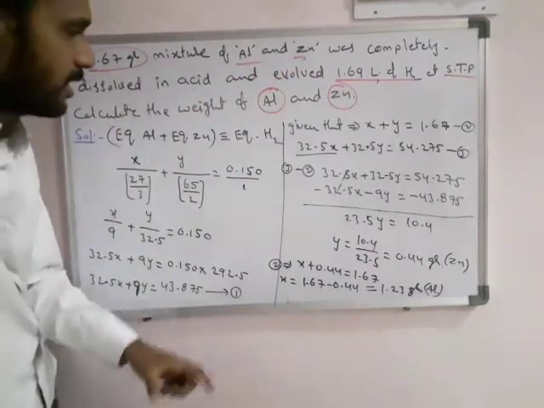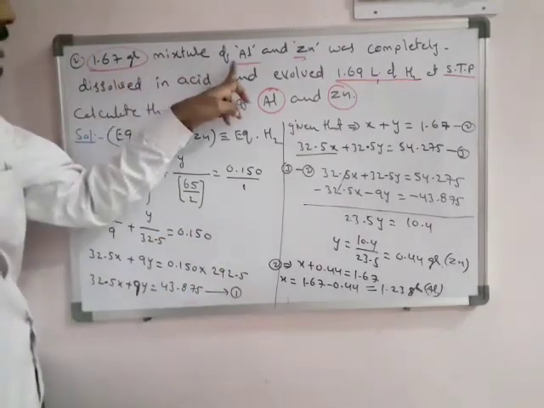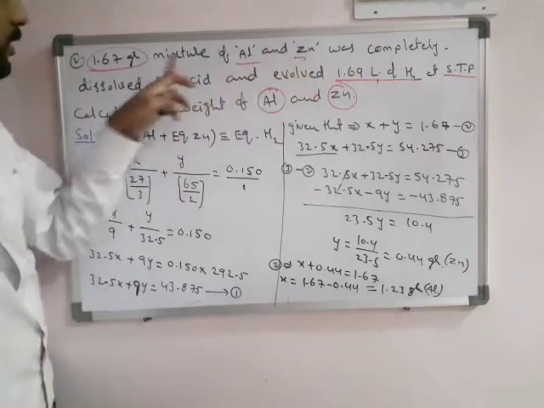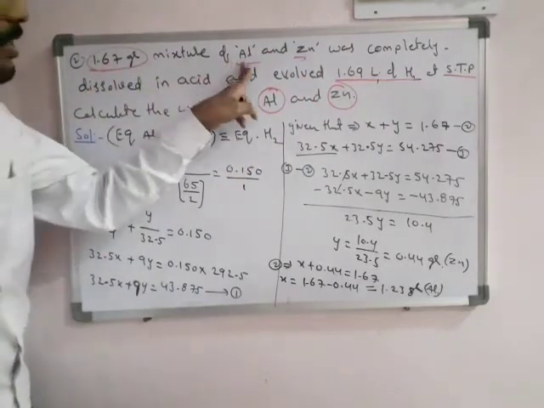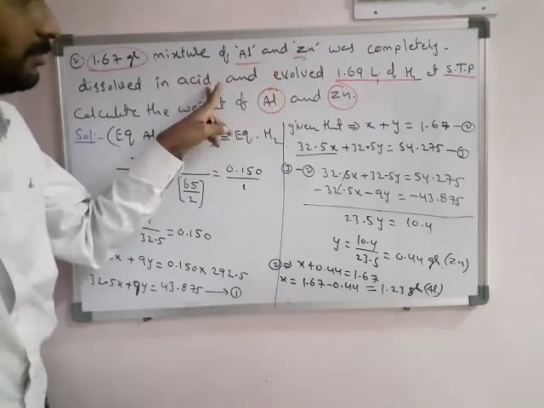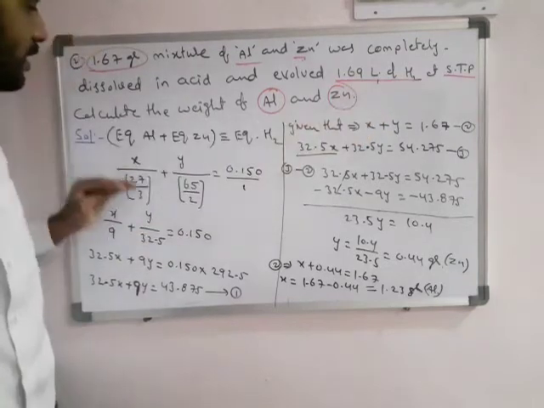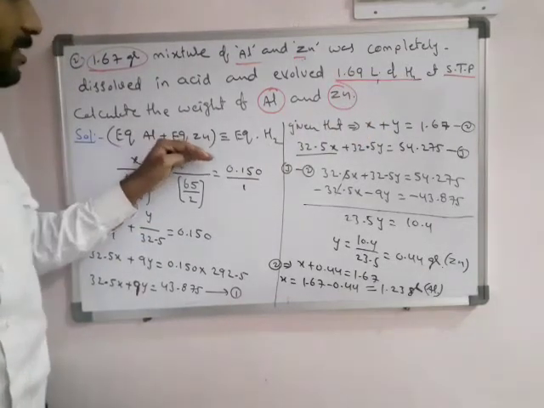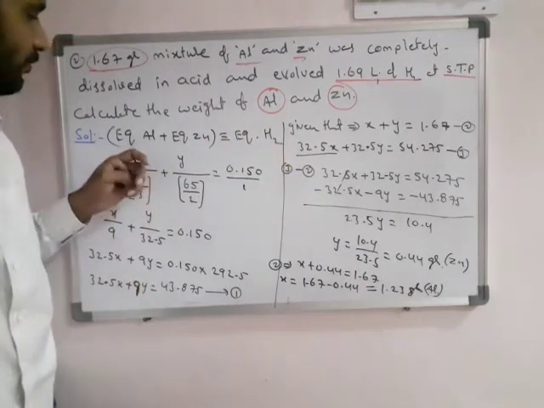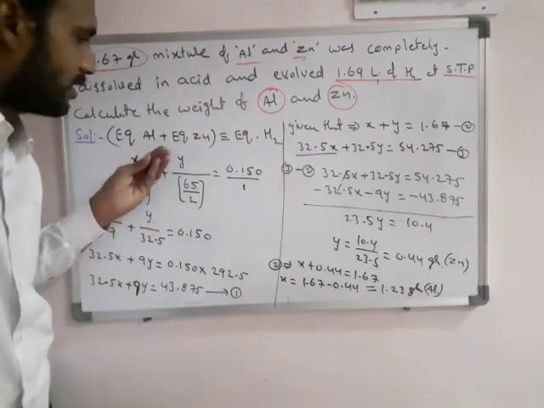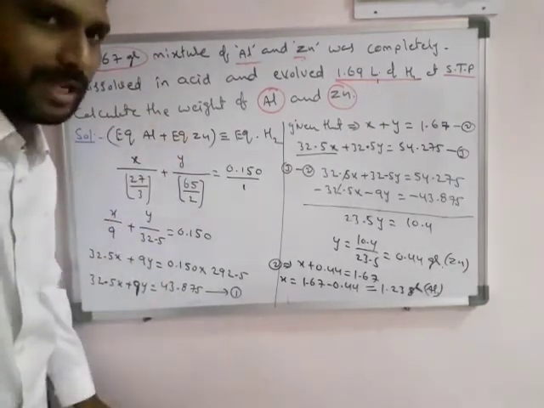Here the important thing is we are making two equations with the help of the given information, taking aluminium weight x, zinc weight y, x plus y is 1.67 grams. And these two are reacted with the acid. Both release H2. So here we can write a step that the equivalent weight of aluminium and zinc is equal to the equivalent weight of H2. Sometimes we can equalize the milli equivalents, but here it is given only in terms of grams, not in terms of volumes.